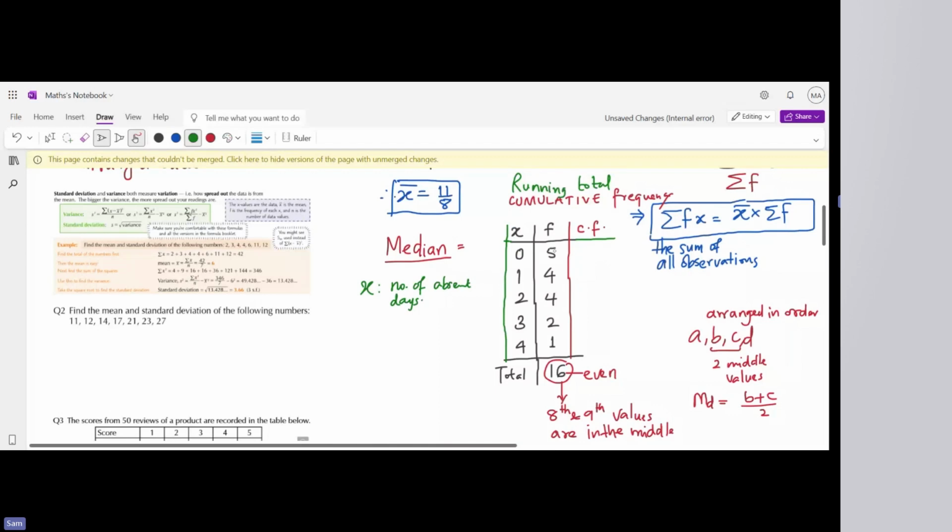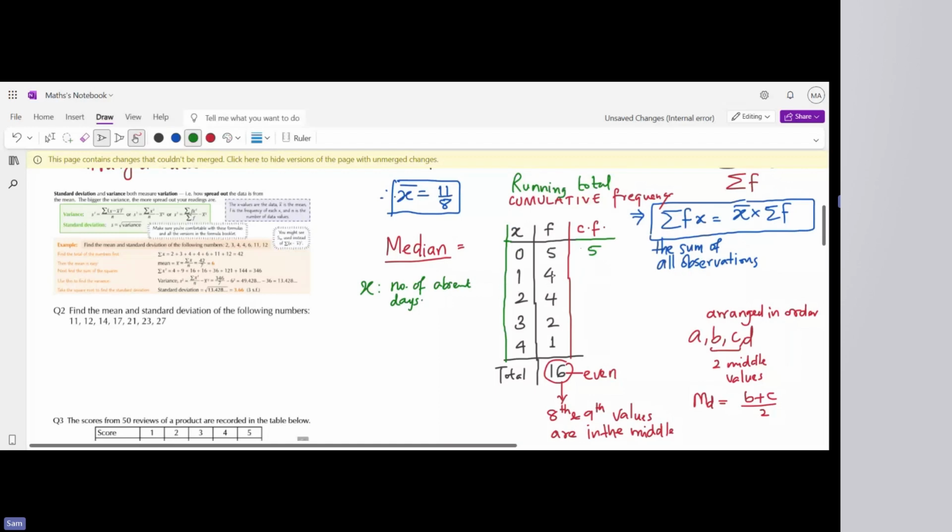So how many students were absent for none of the days? 5 students. Five.